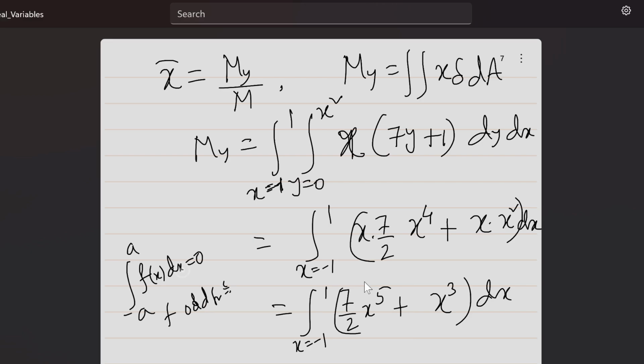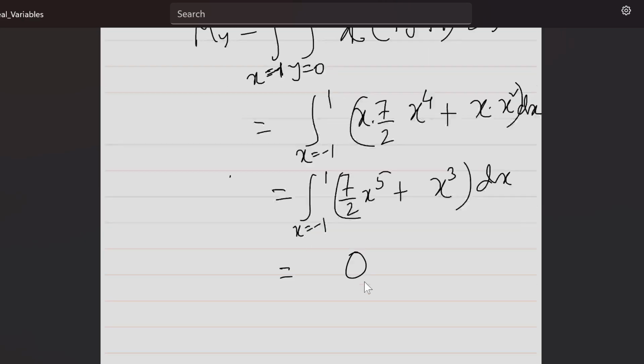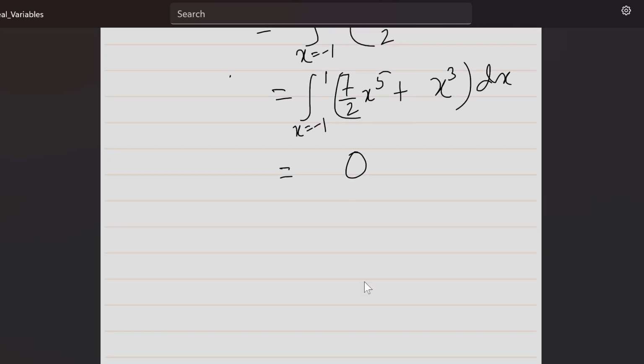Did you know this? If it is even, then it is 2 times the same integral from 0 to a. Correct. So your x bar is 0.